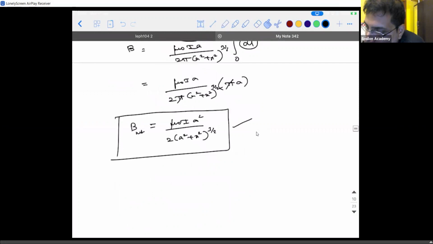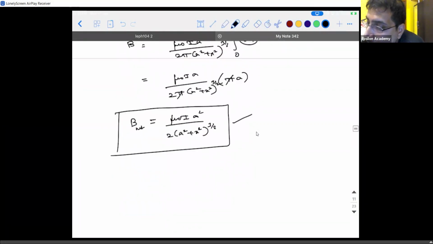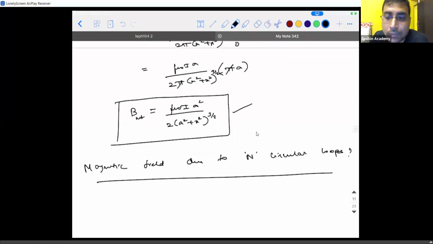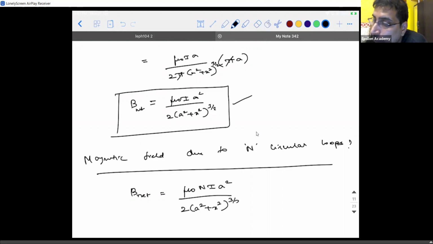Now, if I extend this concept, then listen. What will be the magnetic field due to n circular loops? It will be B net is equal to mu naught capital N I A square divided by 2 into A square plus X square the whole power 3/2.